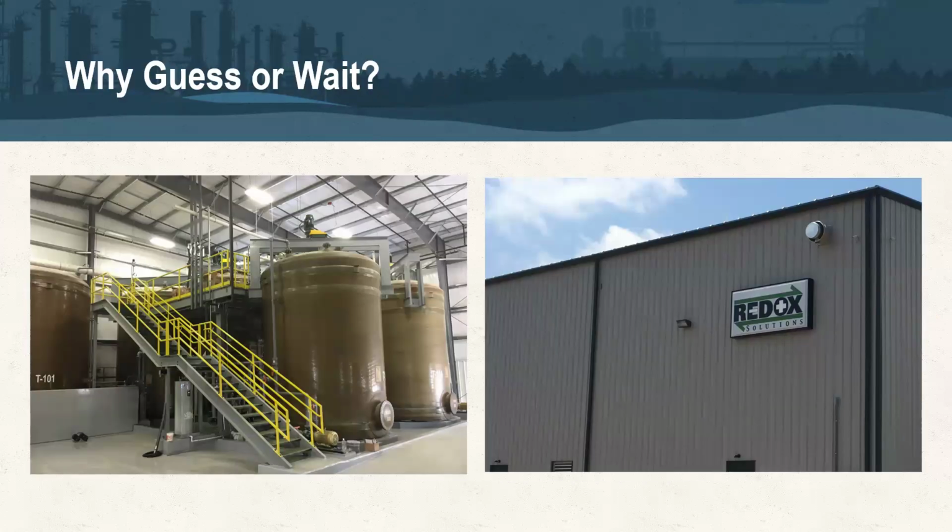So as a practitioner, I like to not guess. I don't want to wait. On the left there, that's just a picture of the batch plant where they synthesize this in Indianapolis. Again, I would recommend if you're looking at a site, especially if you do have soil and groundwater samples, or just soil if you're doing this in the vadose zone, that you use either Redox Solutions, use AST, use a third-party provider, work with someone who's got heavy metals experience, who's got iron sulfide experience, do a bench-scale treatability testing to make sure that you're looking at the right product or products.